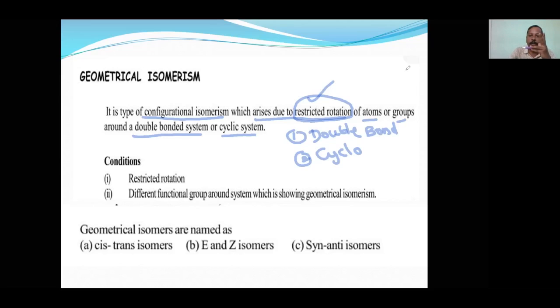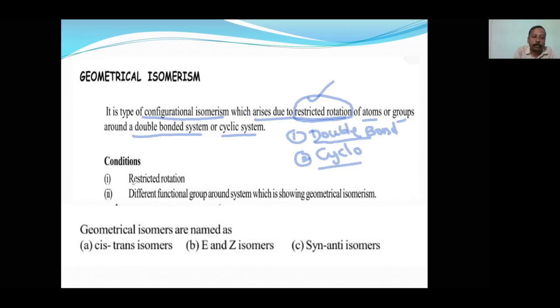So the rotation is restricted due to the presence of the second bond. Once it is rotated, one of the bonds will break, or that will restrict the rotation. That is called restricted rotation. I think it is clear now. Restricted rotation can be either a double bond or a cyclic system, where each carbon is attached to two other carbon atoms.